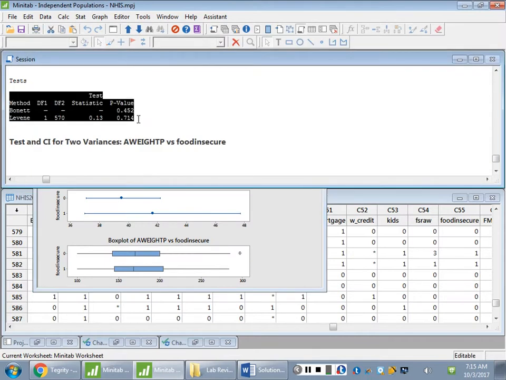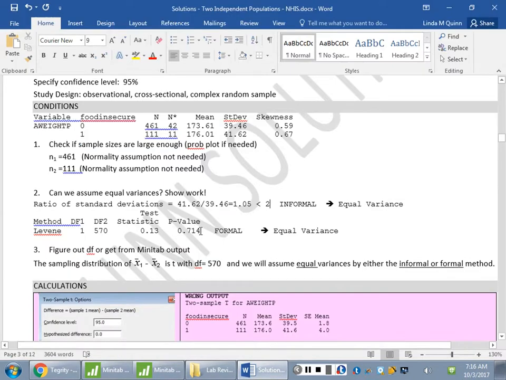That's what I've copied over here into my solution key. Since this p-value is large, if we were doing the formal test, we would be assuming equal variance. The last step is to figure out the degrees of freedom, and I tell you to get that from the Minitab output. So in this case, x bar 1 minus x bar 2 is a t distribution, and we're going to assume equal variances by the informal method.